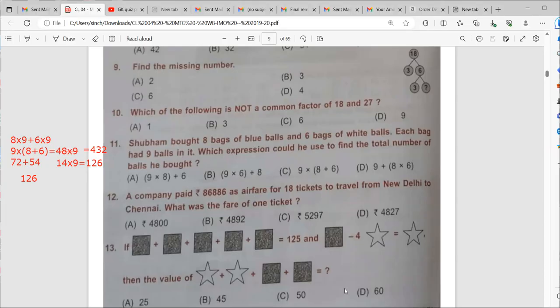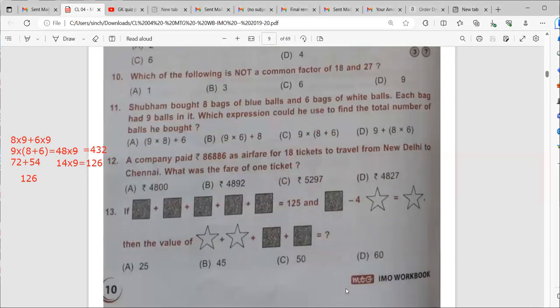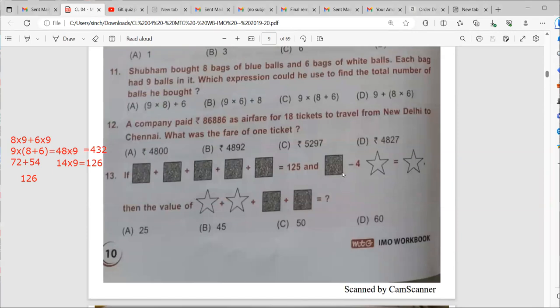So 1 square is equal to 25. Now you can bring the 4 star to the right hand side.